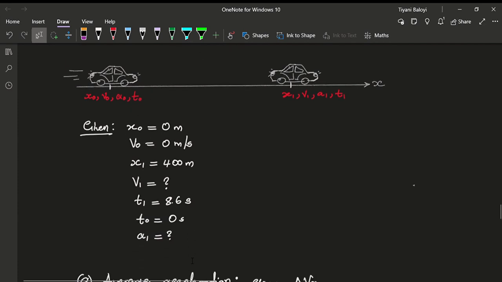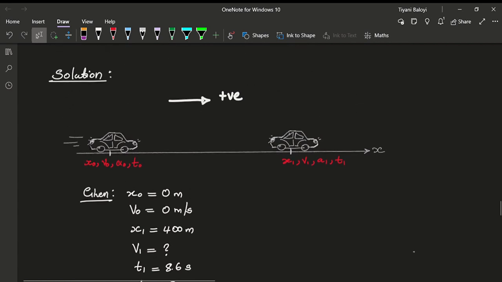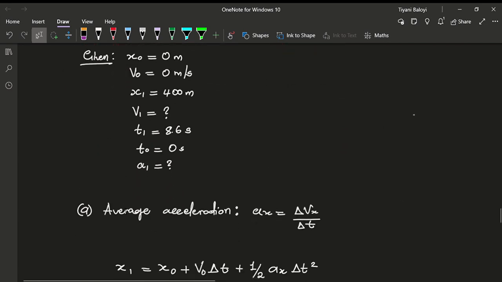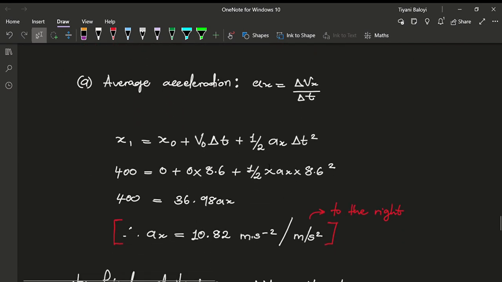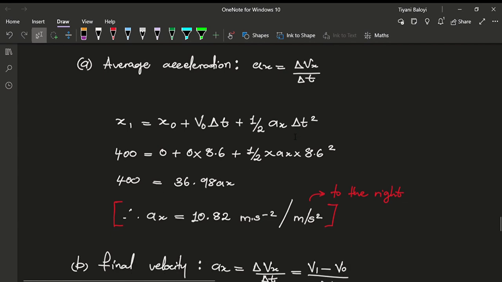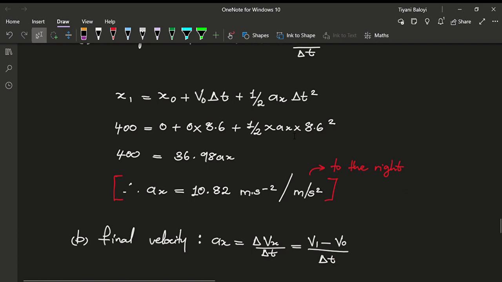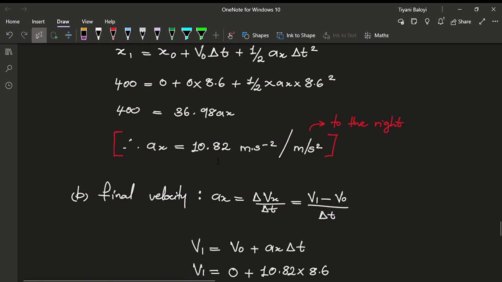We had position 0 as the original, and we had position 1 here, right? And then we calculated the average velocity. We picked an equation of motion that had what we wanted and what we needed, right? We found what we needed by substituting what we had. The answer had a value and the direction.